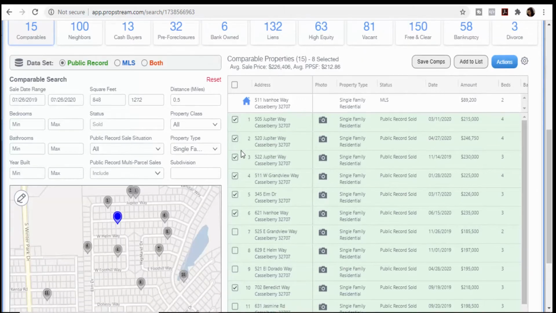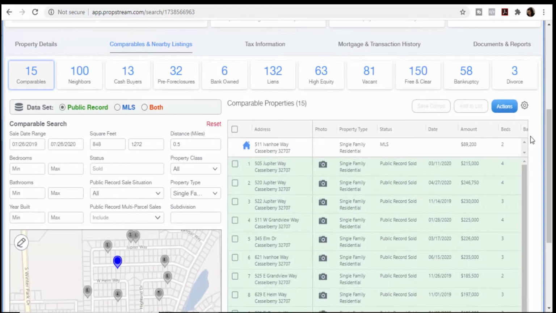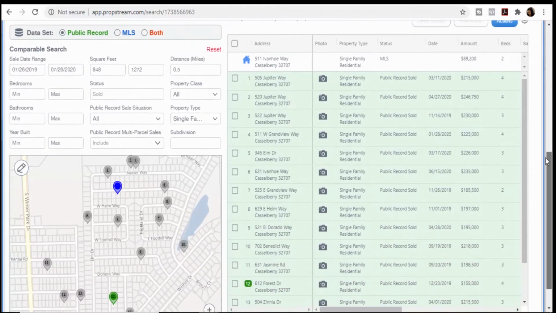Okay, so we have 15 comps, and if we kind of go through them, we can see that they're trending in the 200 range. Okay, so what we're going to do is we're going to go through here and pick the ones that are above 200.